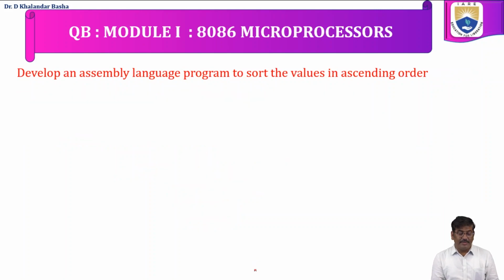Next one is to develop an assembly language program to sort the given values in ascending order. Here the algorithm we are going to apply is, if we have 4 data items N1, N2, N3, N4, in the first iteration we compare N1 with N2.